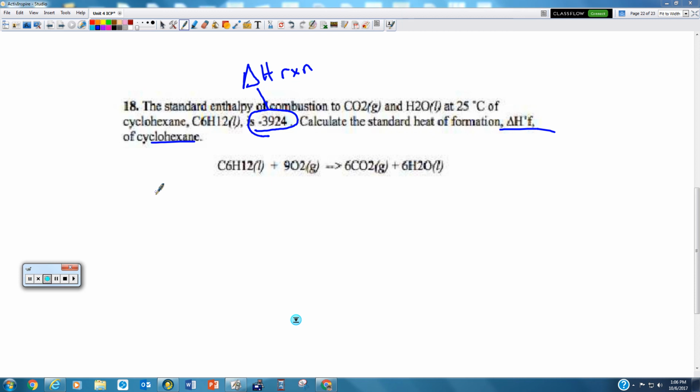when we set this problem up, we're going to have negative 3,924 kilojoules per mole equals, we can do the sum of the products. So what is carbon dioxide?